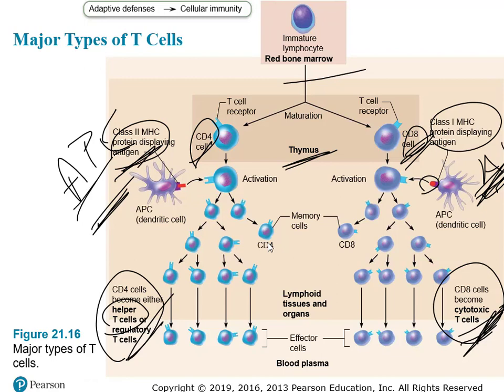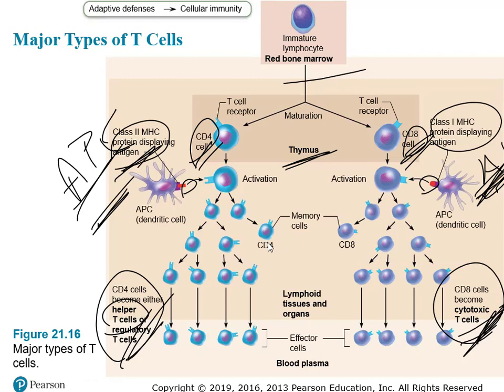The antigen presenting cells engulf, phagocytic cells, right? So macrophages, dendritic cells. So those cells take antigen from outside and display it for your CD4 to get activated into helper T cells and regulatory T cells.